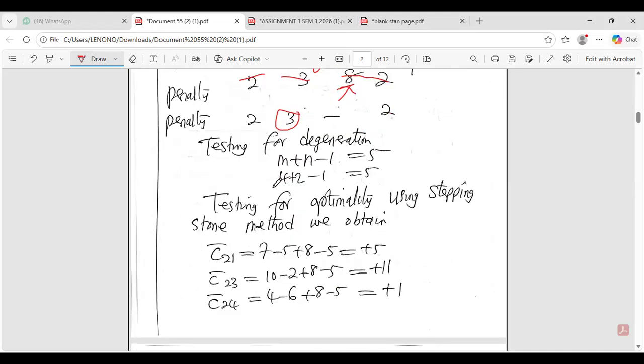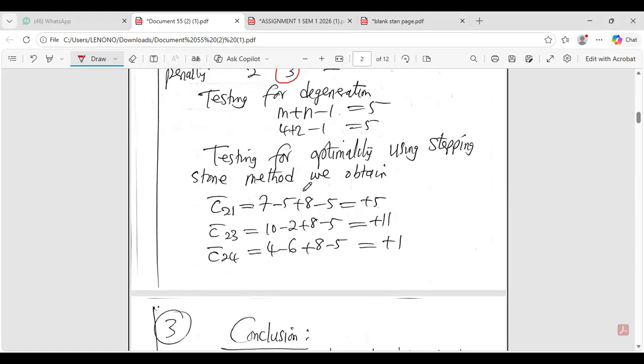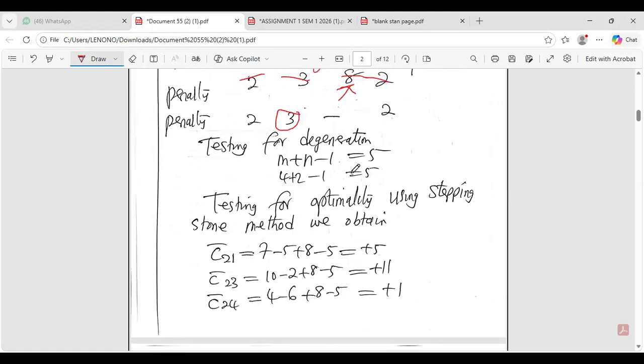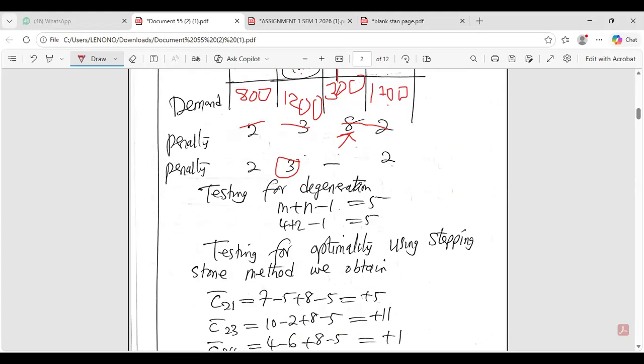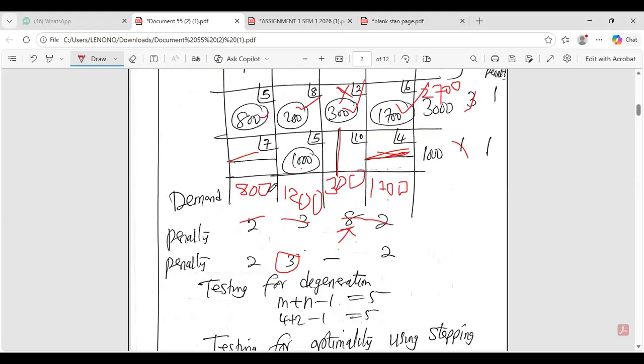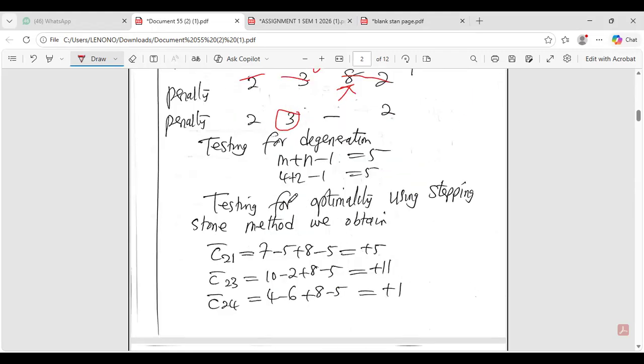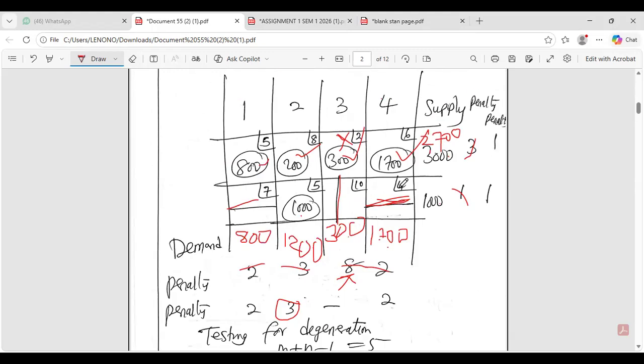And then the total cost, testing for the generation, the supply, how many supply and demand we have. 1, 2, 3, 4 demands and 3 supplies. So it's m plus n minus 1 is equal to 6. That's the 6 that we have, as we can see on these ones.